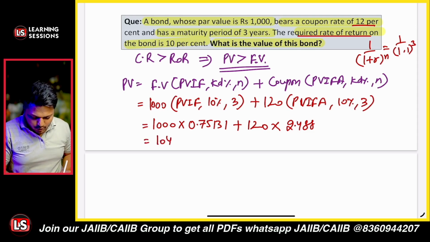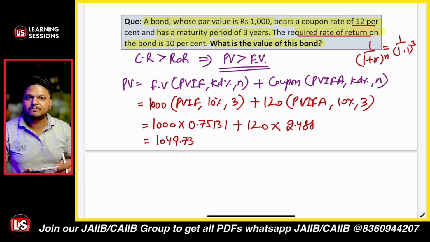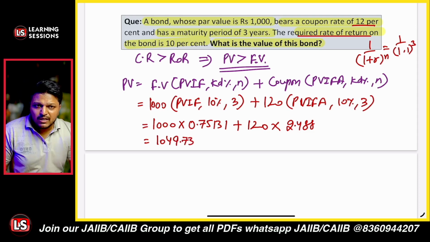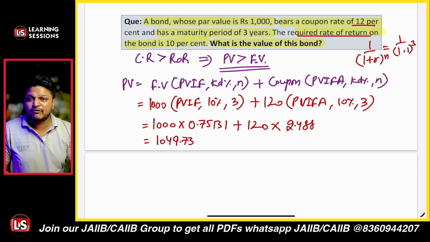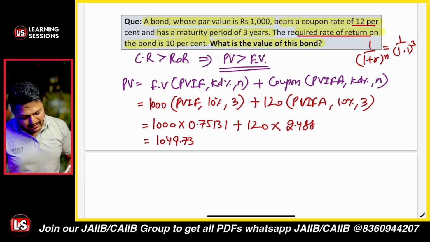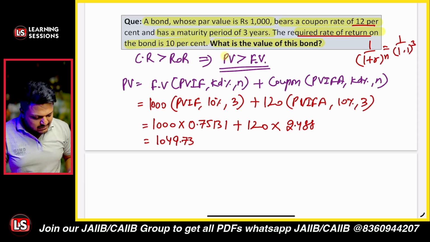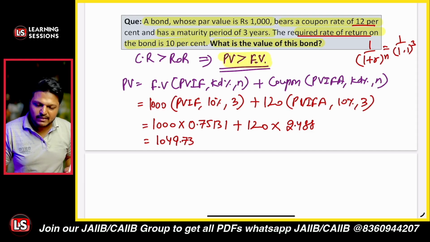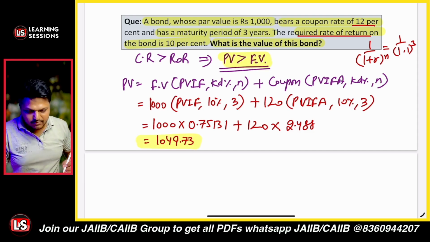So the answer came out to be 1049.73. So that is the answer. Is that clear? This is how easily we can solve a question like this. It seems difficult, but if you understand the concepts, it is much easier. I already predicted that the answer would be greater than 1000, and we got an answer greater than 1000.